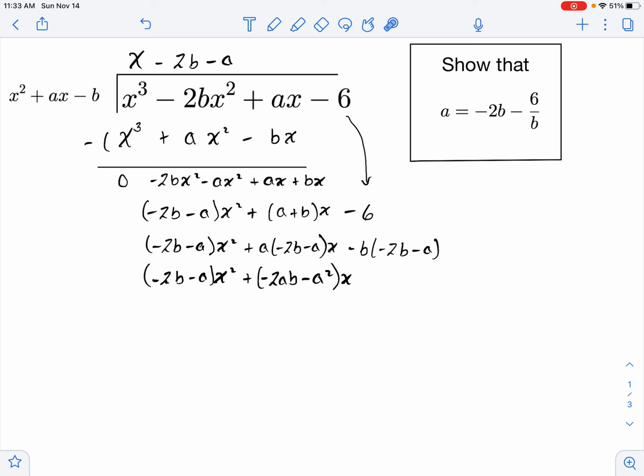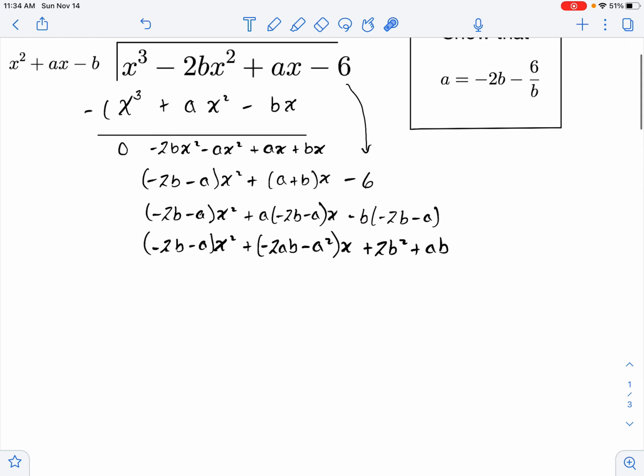And if I distribute my b in here, I will get minus 2b squared plus ab. Oh, I'm sorry, I made a mistake. That should be plus. I apologize. That's minus b on minus 2b becomes plus 2b squared. And minus b times minus a, that's plus ab. Sorry about that.